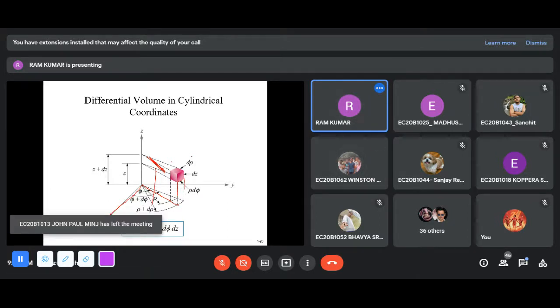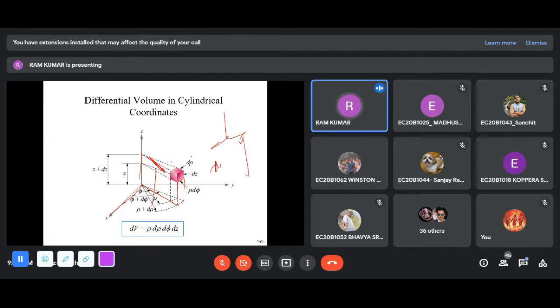Similarly, the component may be along the height z. In Cartesian you simply use x, y, and z, so you can represent the component along the x-axis, y-axis, or z-axis.